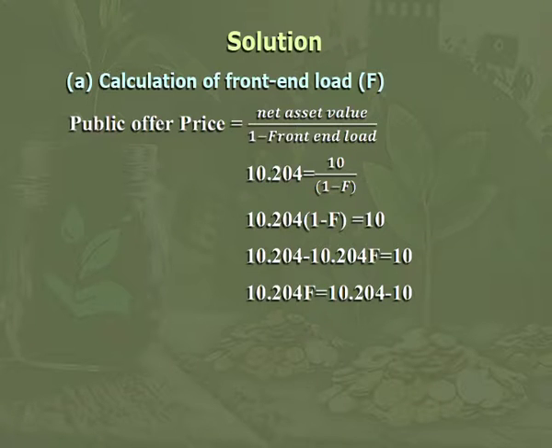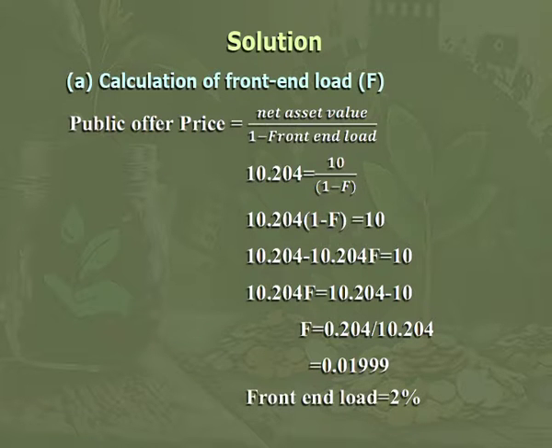Therefore, 10.204 f is equal to 10.204 minus 10. So, we get the value of f: 0.204 divided by 10.204, which is close to 0.01999, that is equal to 2%.